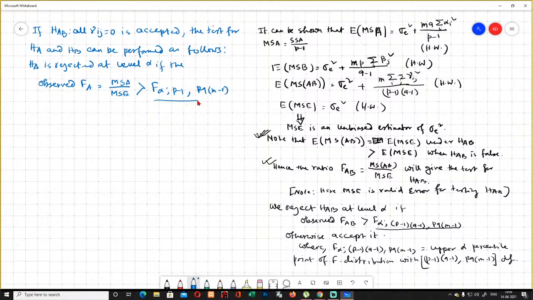So this is the upper alpha percentile point of F distribution with degrees of freedom P minus 1, PQ into m minus 1.